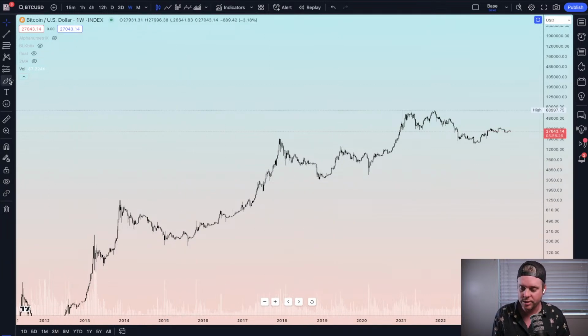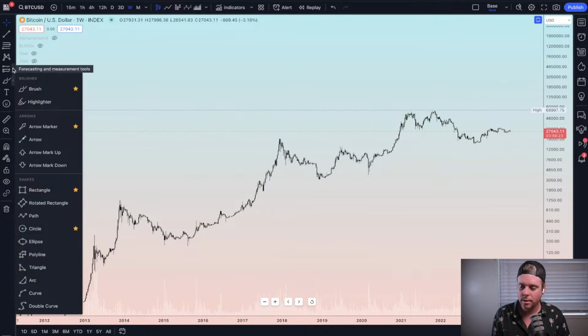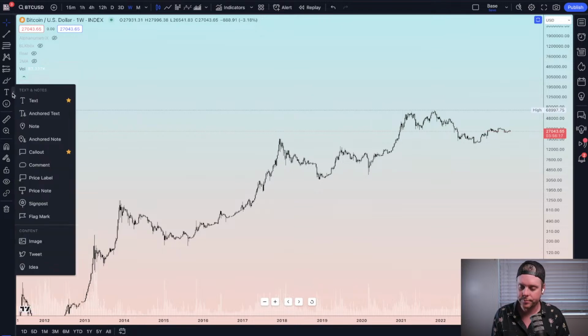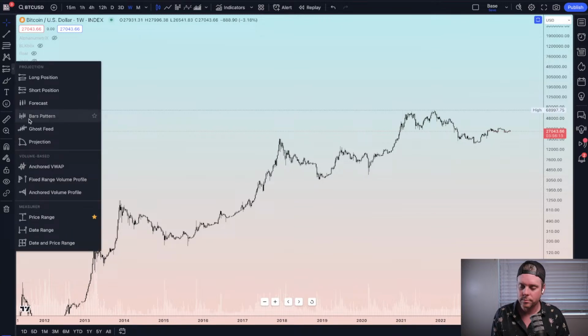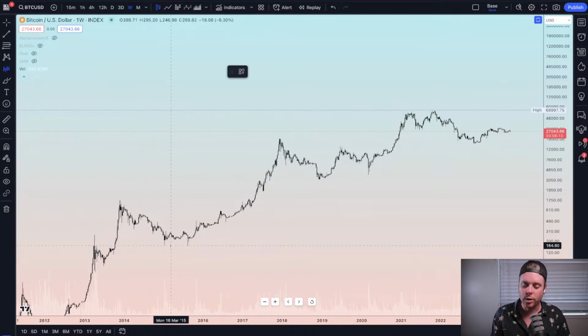I'm going to go over to my tools here. Bars pattern. And we're going to go from the cycle low to the all-time high break. Actually, let's go to the initial capitulation to the all-time high break.